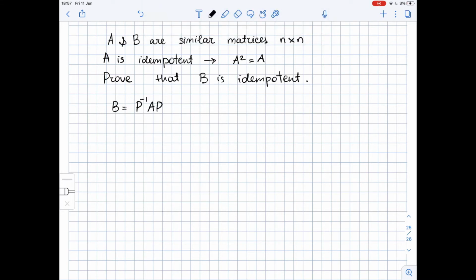Let's square both sides of this equation.